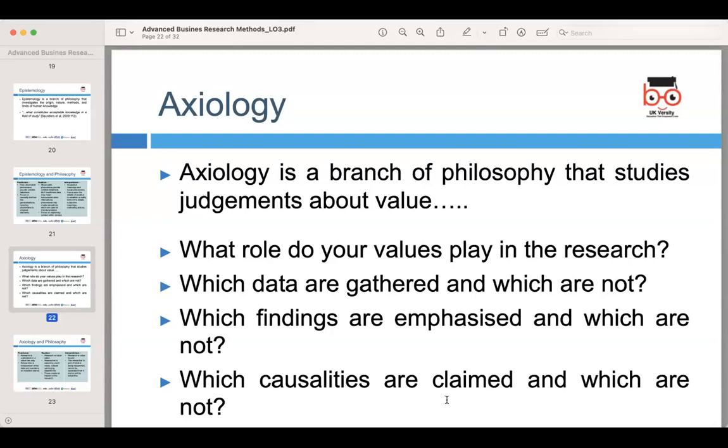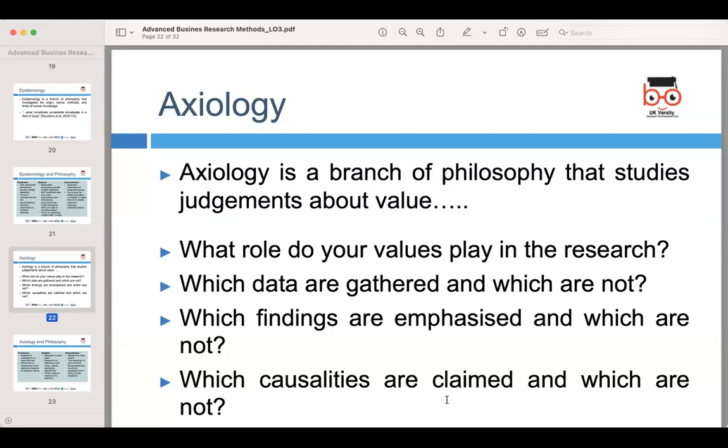However, making causal claims requires rigorous analysis, evidence, and often multiple studies to support such conclusions. A researcher needs to be cautious in claiming causality without scientific evidence, as correlation does not always imply causation.